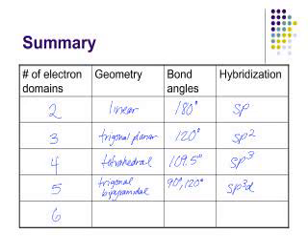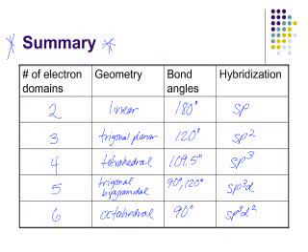And if I have 6 electron domains, my geometry is octahedral. My bond angles are all 90 degrees, and my hybridization is sp3d2. So the truth is, if you know this table, this is enough to get you through the test questions you should expect to see. I always like to explain how we got there, all right? But the long and the short of it is this table is really the summary of everything you need to know.